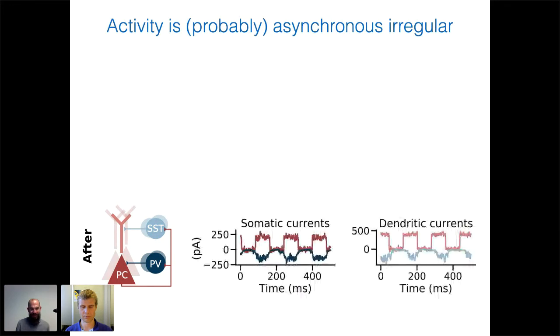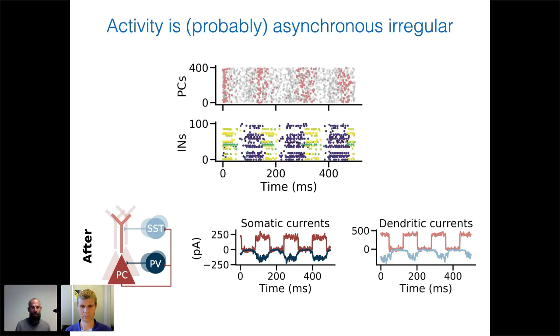In this case, it's a little bit more friendly, if you wish. If you look at the currents here, you see that now excitation and inhibition are correlated both on the soma and the dendrite. But more importantly, if you look at the spikes, this looks like an asynchronous irregular state for the activity of these circuits that we have now optimized.